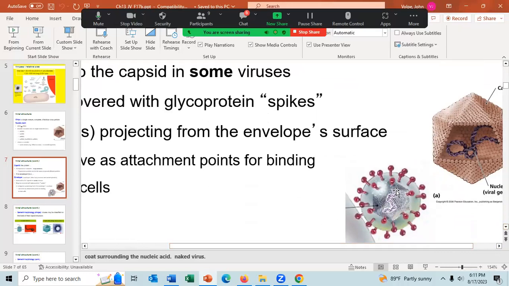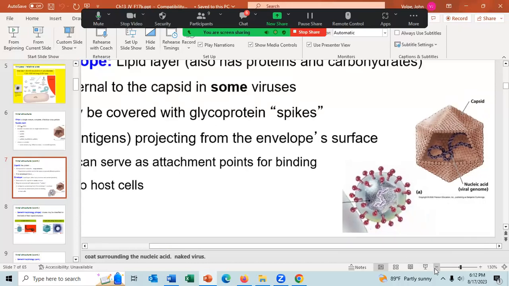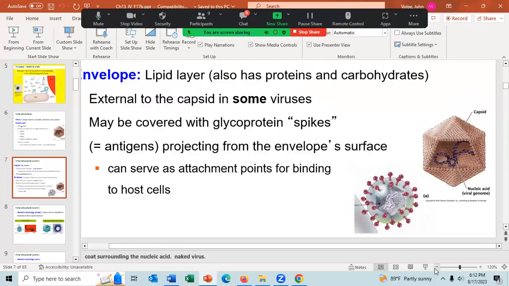The outermost portion of the virus is important because it's the outermost molecules of the virus that bind to the cell receptors. So all of the ligands and adhesions on this virus are on the spikes. The spikes are also important to the immune system of the host that gets infected by this virus, because the spikes are the furthest most out molecules of this virus.